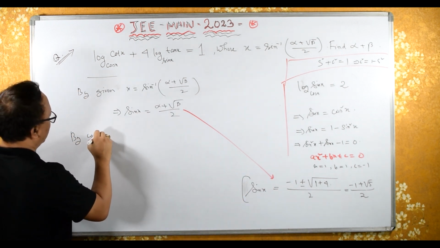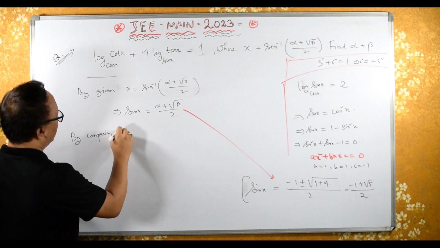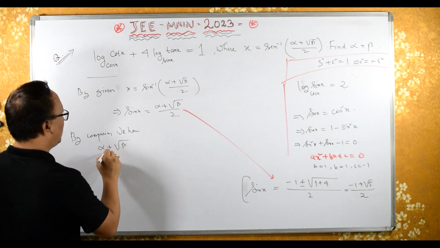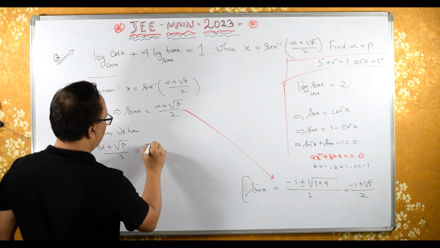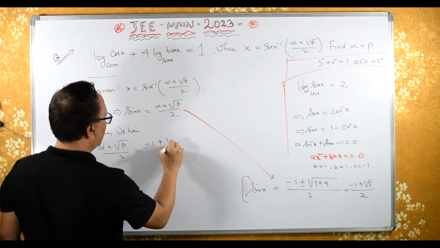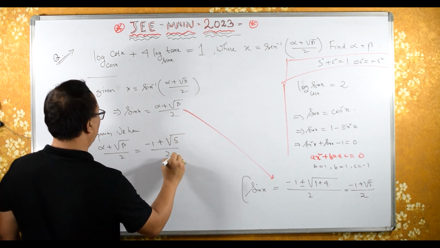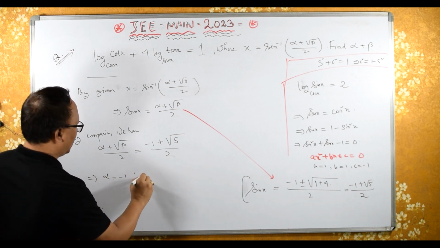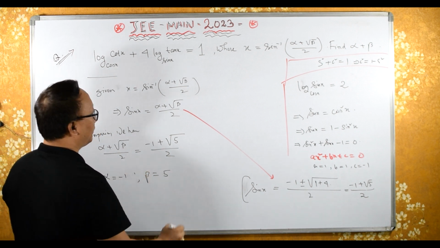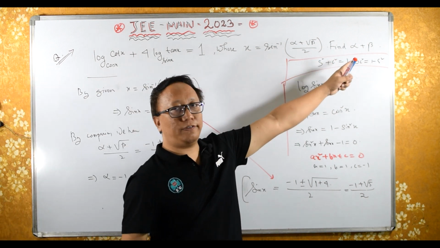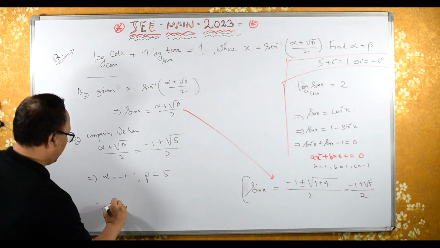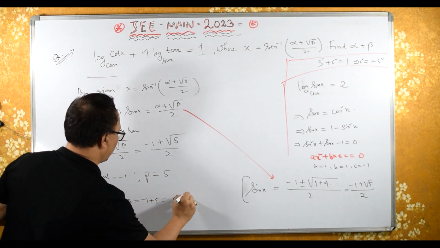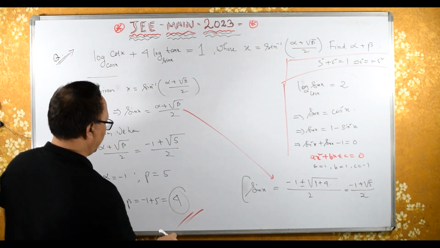By comparing, we have alpha plus root of beta upon 2 equals to minus 1 plus root of 5 upon 2. Okay, 2 gets cancelled. Therefore, alpha equals to minus 1 and beta equals to what? 5. So, what they are asking? They are asking alpha plus beta. Okay. Therefore, alpha plus beta equals to minus 1 plus 5 equals to 4. Okay. 4 is the required answer.